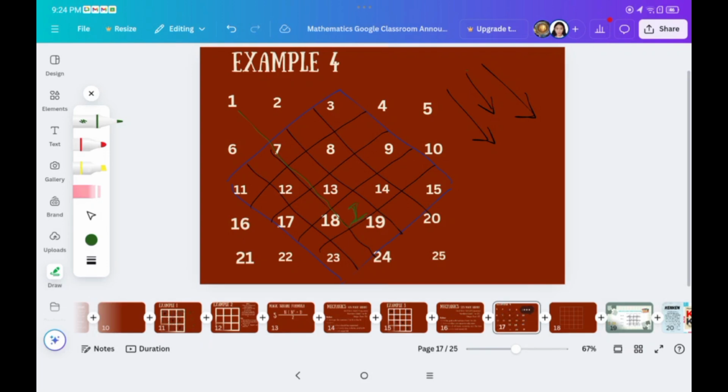So, sunod natin ang number 2. Sunod natin ang number 6. Number 6. Ulit lang. Sa 4, 5, 10. Ganito din. Ganitong diagonal lines.